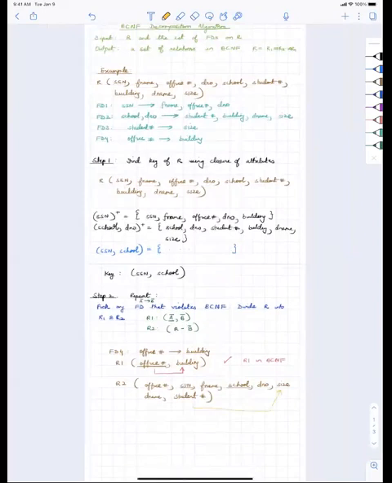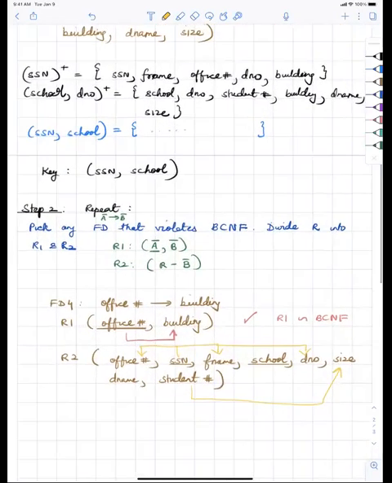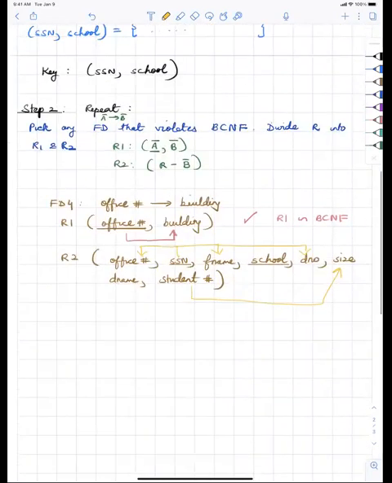That's one functional dependency. Then we have social security number determines FName, office number, and DNO. So we have a minimum of 2 of these that are violating Boyce Codd normal form. The left-hand side is not the key. So let's just pick any one of them. R2 is not in Boyce Codd normal form yet, so we have to further reduce R2.